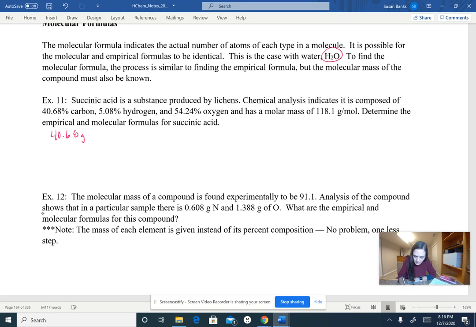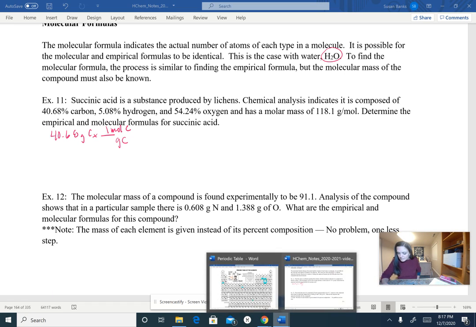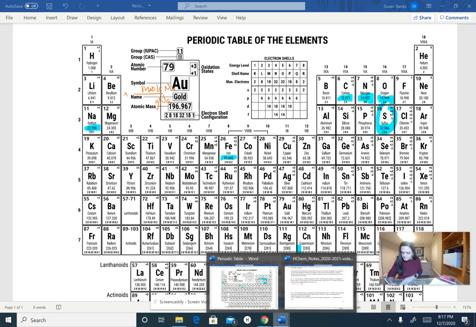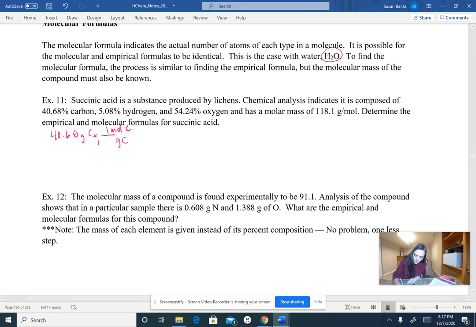So that means I'm going to have 40.68 grams of carbon. The first thing I need to do is get all of these into moles. So I need to find how many grams of carbon there are in 1 mole of carbon. I'm going to look at my periodic table. I've got 12.011, which simplifies to the hundredth, 12.01 grams.